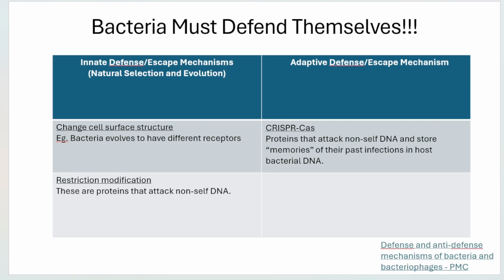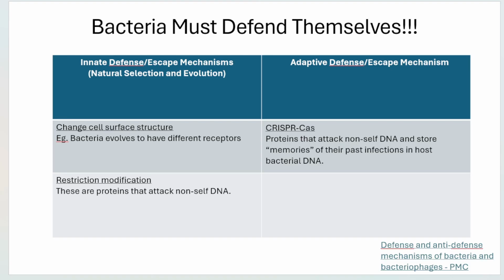The other option is adaptive defense mechanisms, and this is CRISPR-Cas. CRISPR-Cas is an adaptive system in that proteins that attack non-self DNA can store memories of their past infection in host bacterial DNA, and then that memory, so to speak, can be passed on to progeny of that bacteria, because that memory is in the DNA, it's hard-coded in.